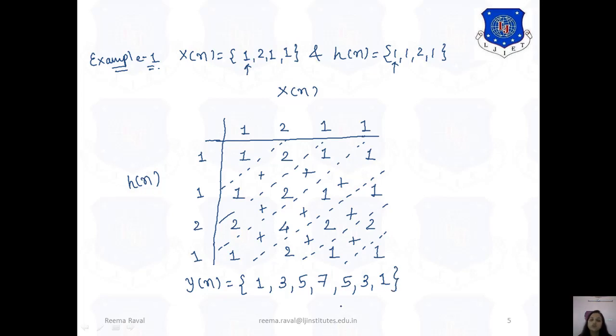So these are the values of the output sequence, or else you can say the convolution output for the tabulation method, right?